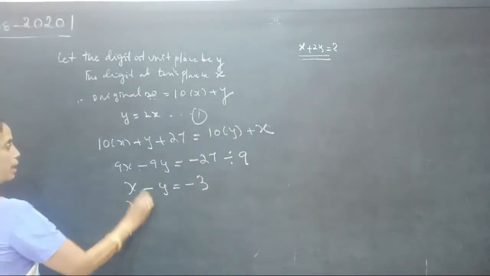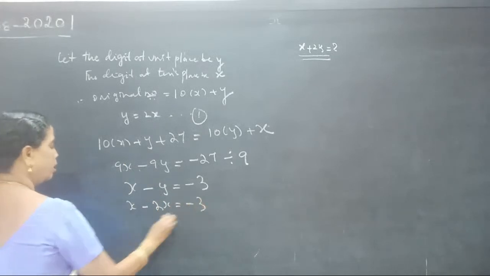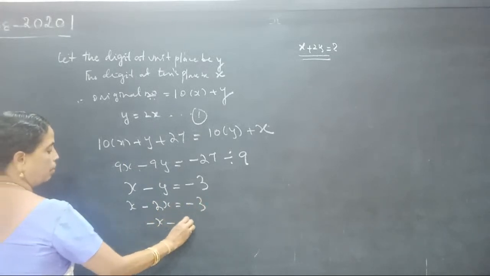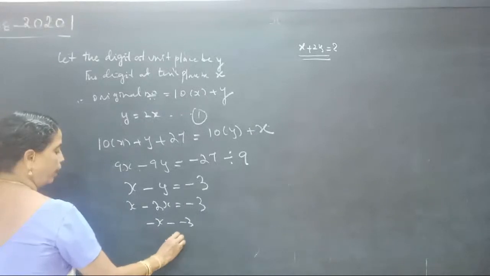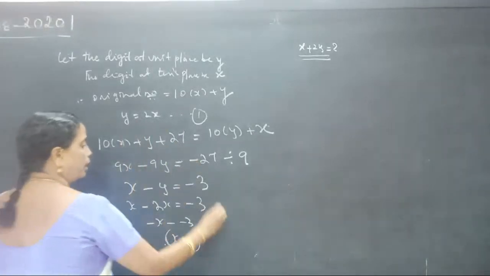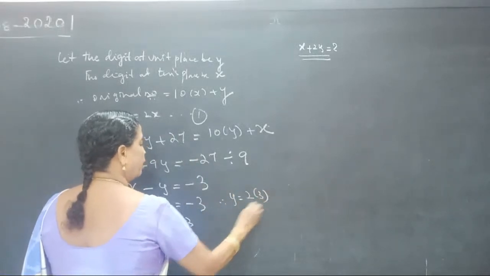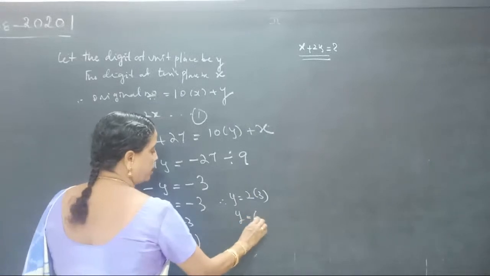So x minus 2x equals minus 3, minus x equals minus 3, therefore x equals 3. Now substitute here, therefore y equals 2 into 3, so y is equal to 6.